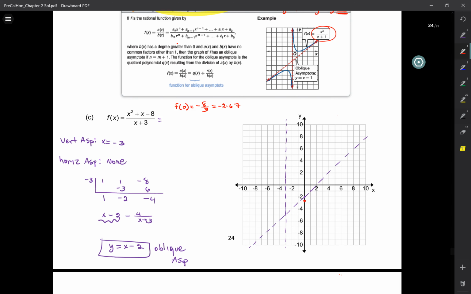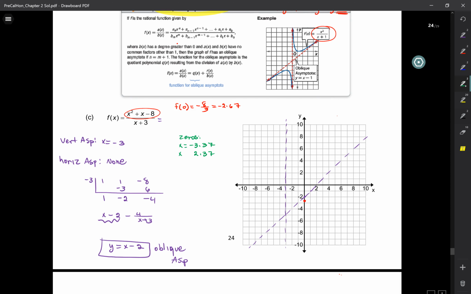And let's see if we can figure out the zeros of this function. Well, the zeros are going to be where the numerator is equal to 0. And you can use your calculator, like you can graph that function to figure out where the zeros are. And there are zeros at -3.37 and 2.37.